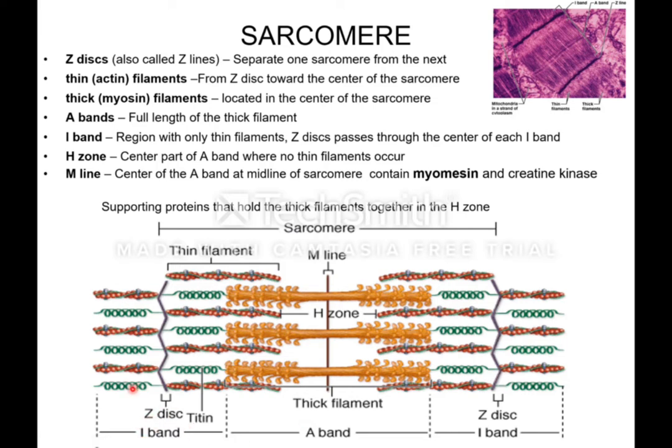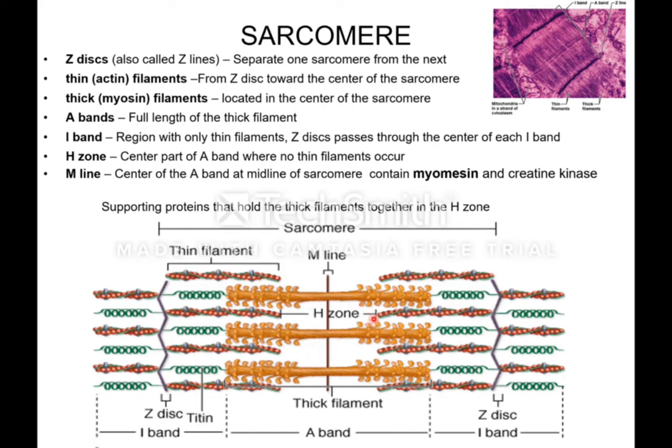The I band is the region with only thin filaments. The I band is shared between two adjacent sarcomeres, and the Z disc bisects the I band.